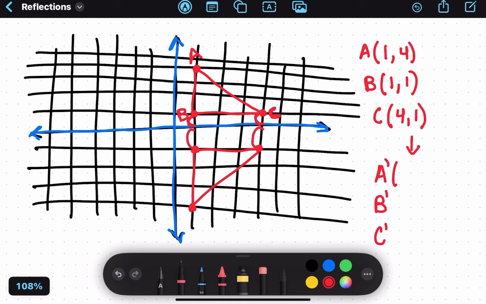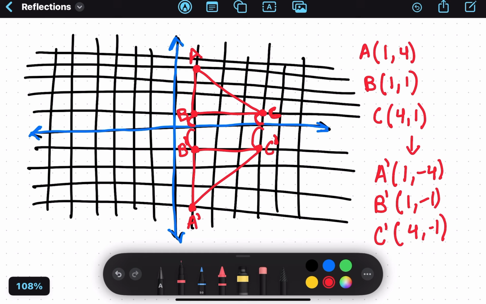A prime is now (1, -4). B prime is still (1, -1). And C prime is (4, -1).